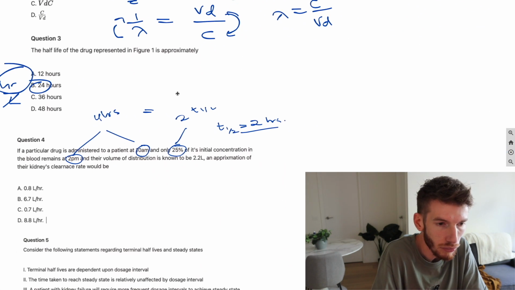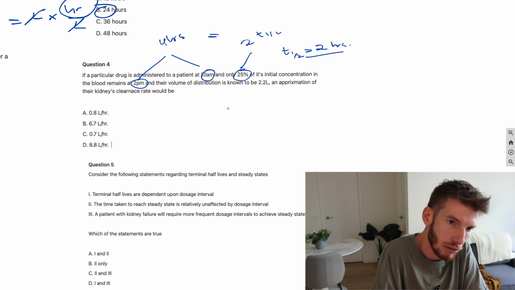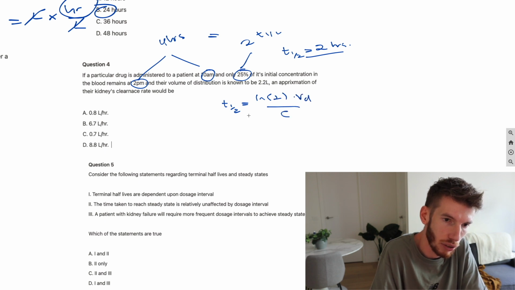If we write that down, T half is natural log of 2 multiplied by VD on C, and we're trying to solve for C, so I can just switch these out, so C is going to equal the natural log of 2 times VD over T half.